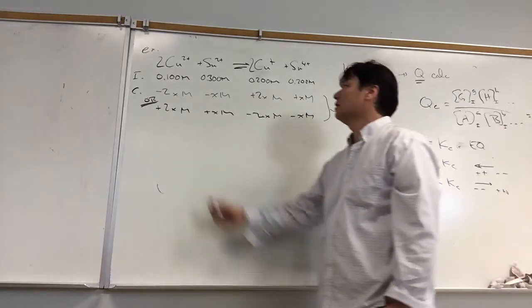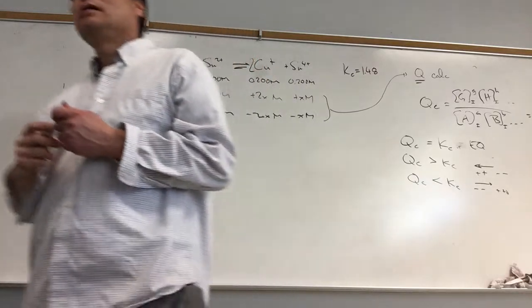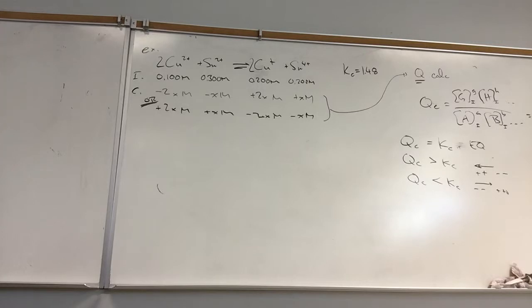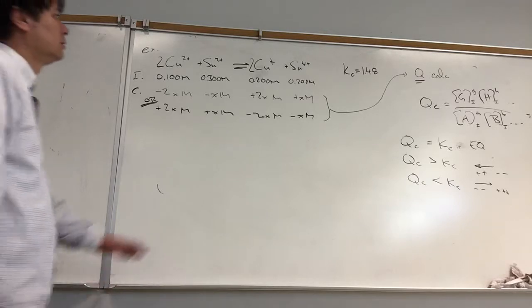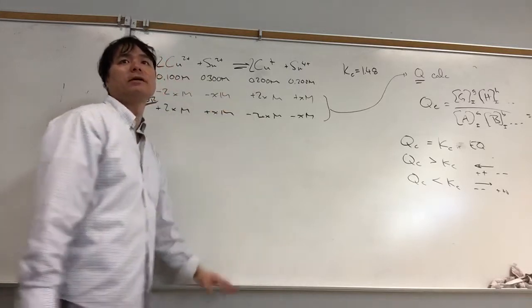So can somebody calculate the Q based on the initial concentrations and see, are the initial conditions too heavily biased towards the product, the reactant, or perfect as is? So it's just 0.2 squared times 0.2 divided by 0.1 squared divided by 0.3.